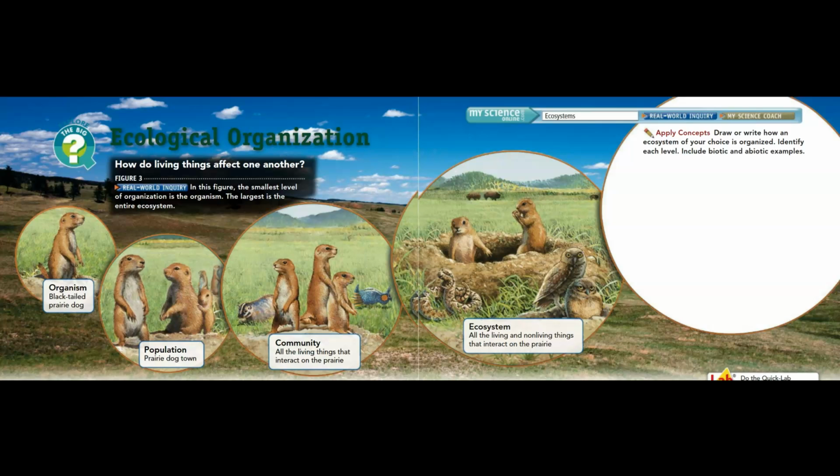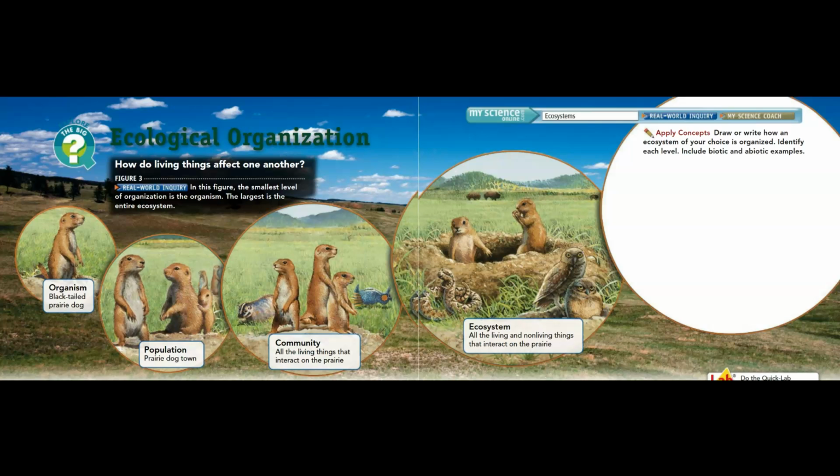One example could be, which you cannot use because I am using it: on the beach is a crab. A crab is an organism. More crabs are found near the water. All of the same kind of crab make up a population. Clams, seaweed, and gulls are also on the beach.